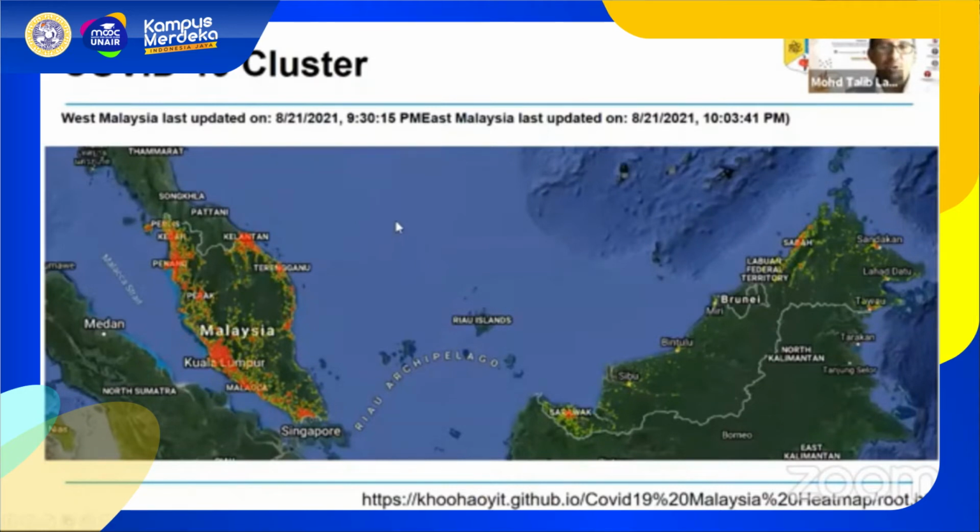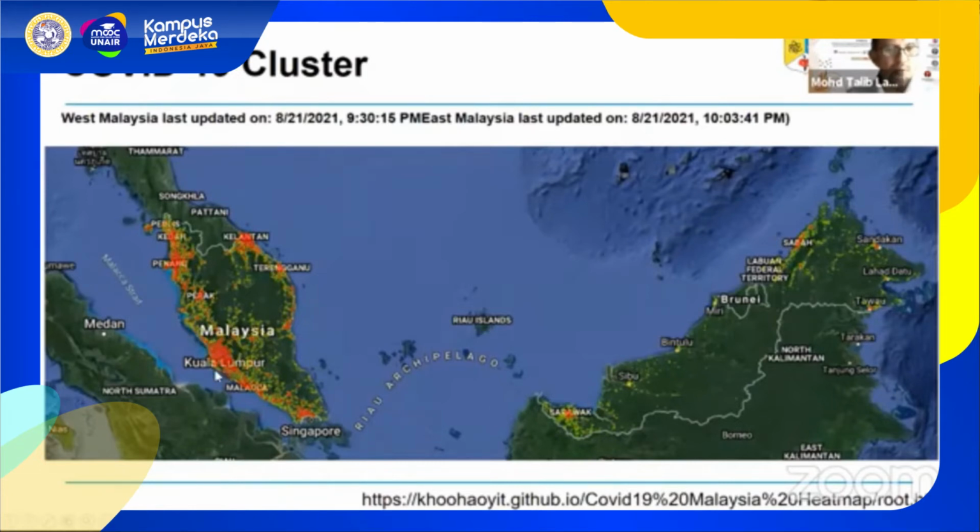But from the website, I think there is one researcher who tried to look at the clusters and put them into maps. This one is actually based on the 21st of August. You can see the cluster number of cases. Mostly the cases are located in the area of Selangor and Kuala Lumpur over here.